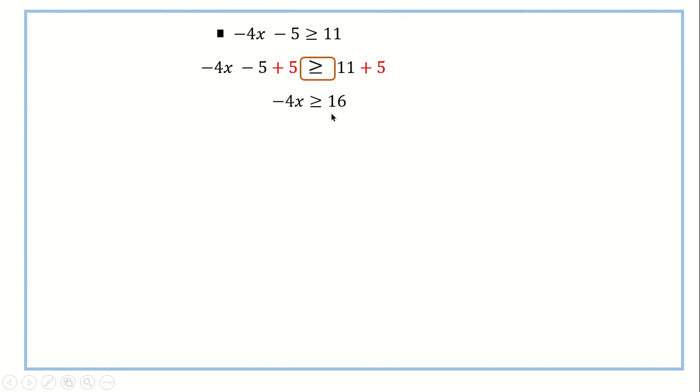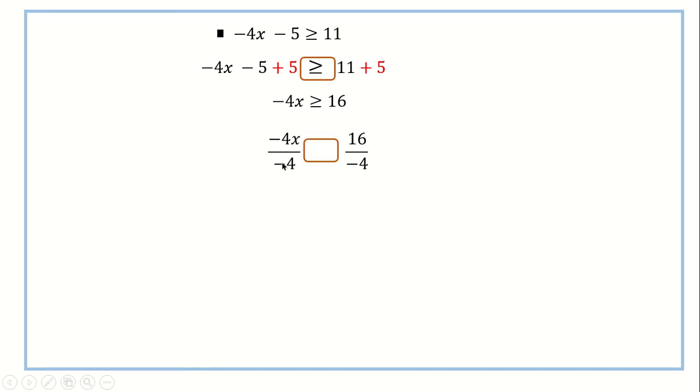So then we will have minus 4x is more than or equal to 16, because actually we know that minus 5 plus 5 is a 0.